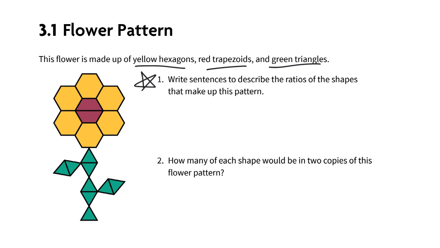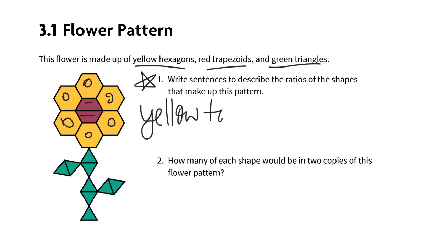The idea being we could count the yellow hexagons, 1, 2, 3, 4, 5, 6, and the fact that there's two red trapezoids. So we could say that the ratio of yellow hexagons to red trapezoids, yellow to red, is 6 to 2.